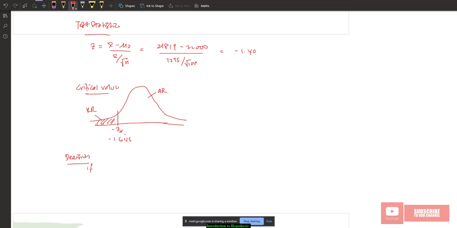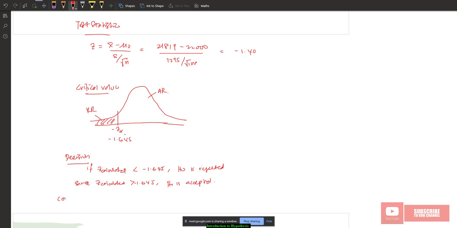Our decision rule: if z calculated is less than negative 1.645, the null hypothesis is rejected. Since z calculated, which is negative 1.4, is more than negative 1.645, the null hypothesis is accepted.